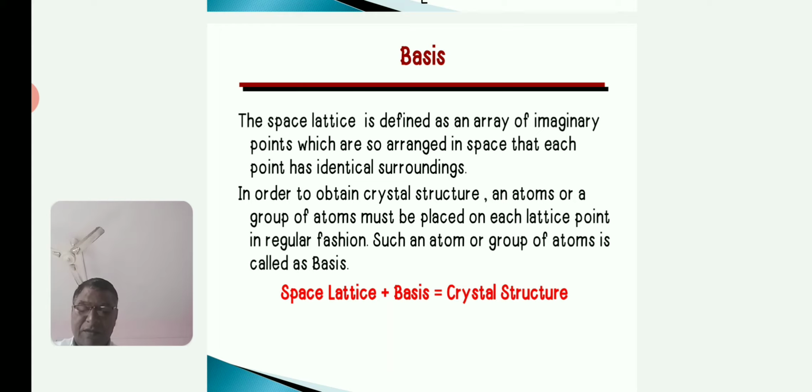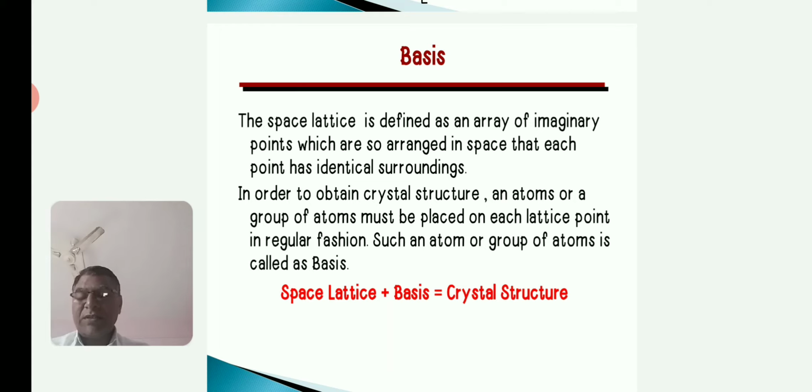The number of atoms in a basis may vary from 1 to several thousands, whereas the number of space lattices possible is only 14. Thus, a large number of crystal structures may be obtained from just 14 space lattices simply because of the different types of basis available.